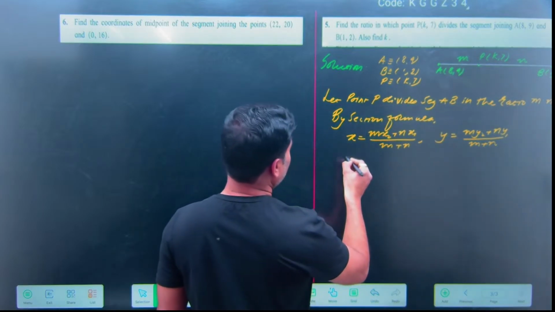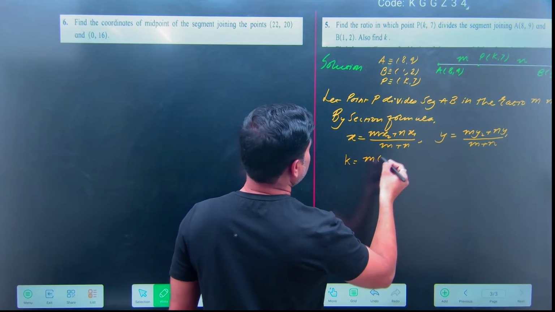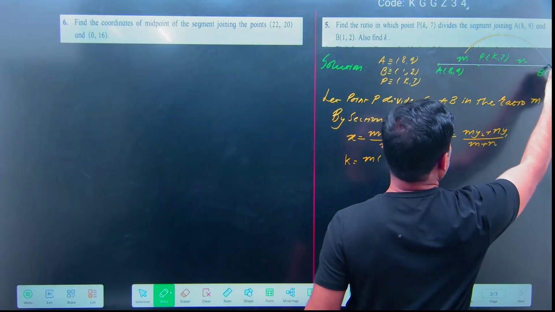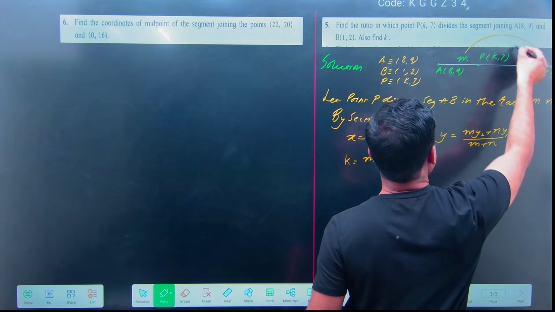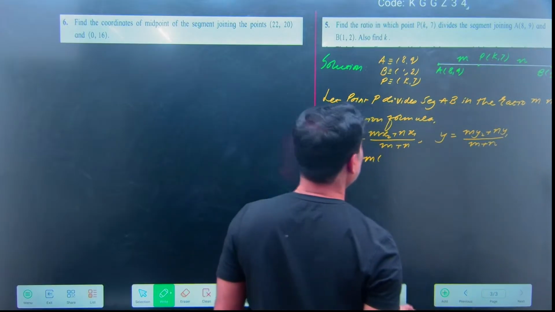So in place of x you have to put k, and m as it is, x2 is, so you can always take like this: m x2 plus n x1 while calculating the x coordinate.